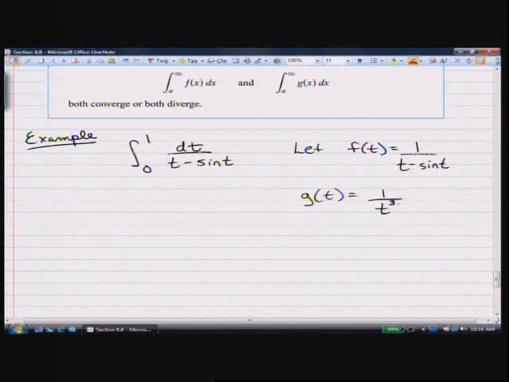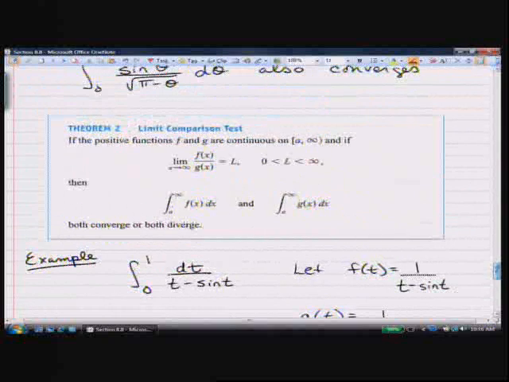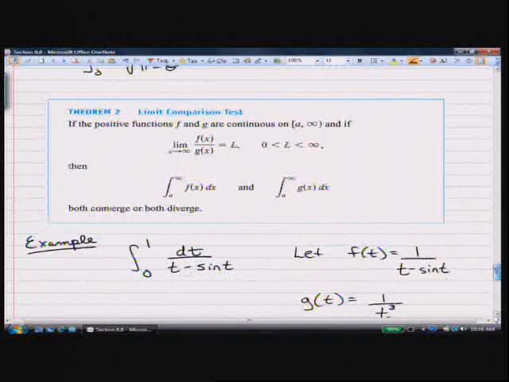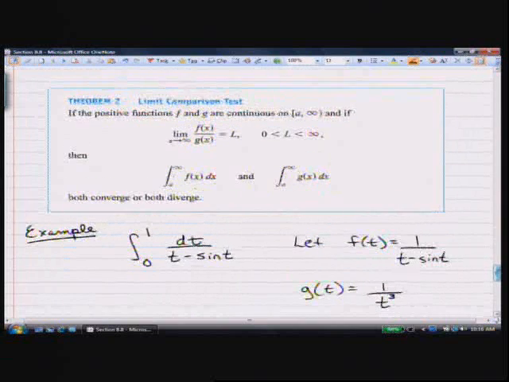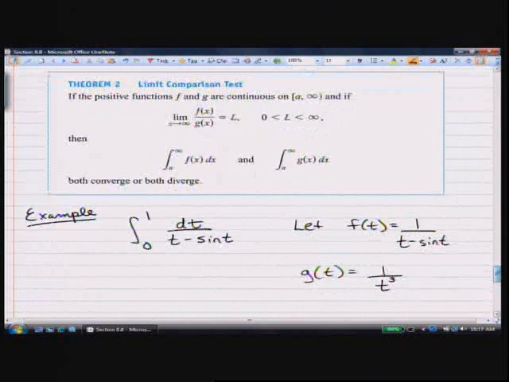And then what we want to do is look at the limit. Well, in this case, when you look at this problem, you're probably saying to yourself, Ms. Brooks, there's no infinity. How am I even going to know to use the limit comparison test?